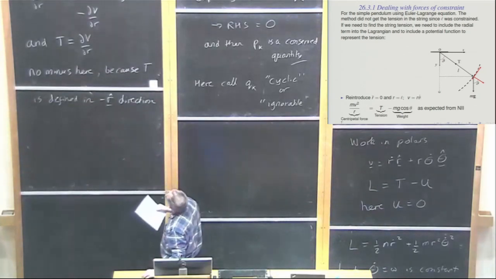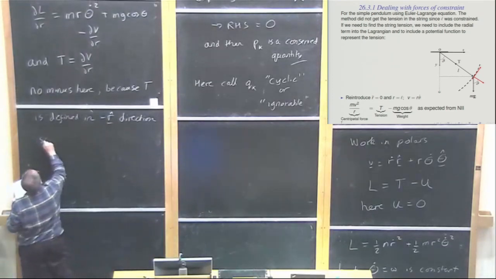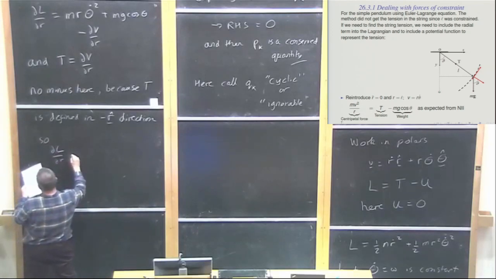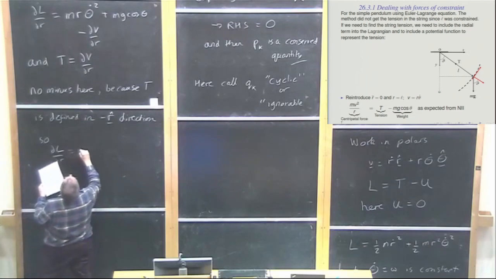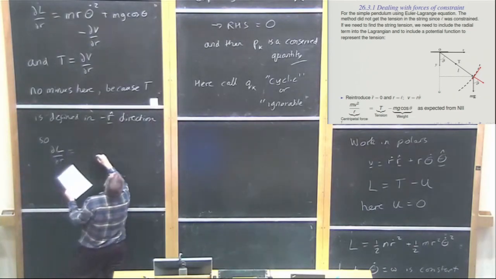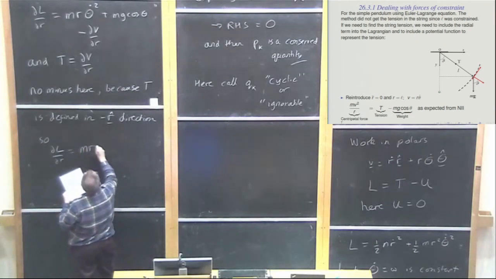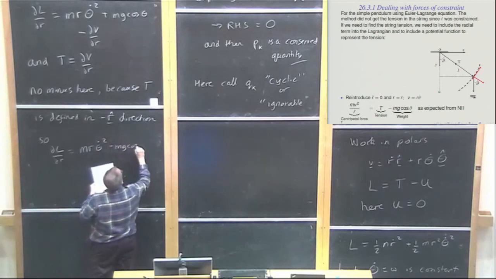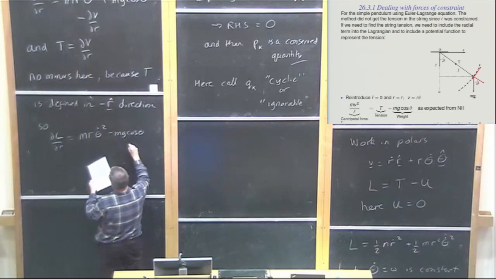Okay, so we have dL by dR is equal to mR theta dot squared minus mg cosine theta minus the tension.